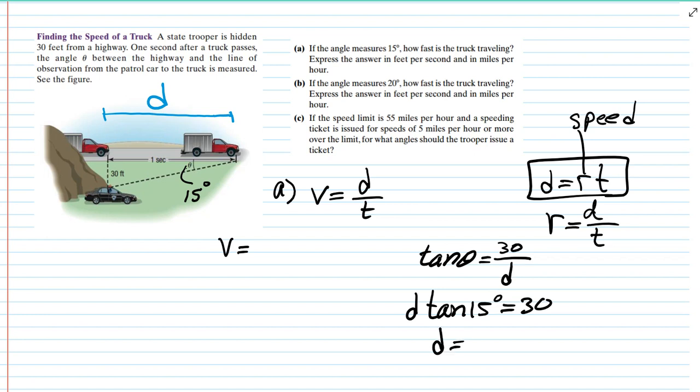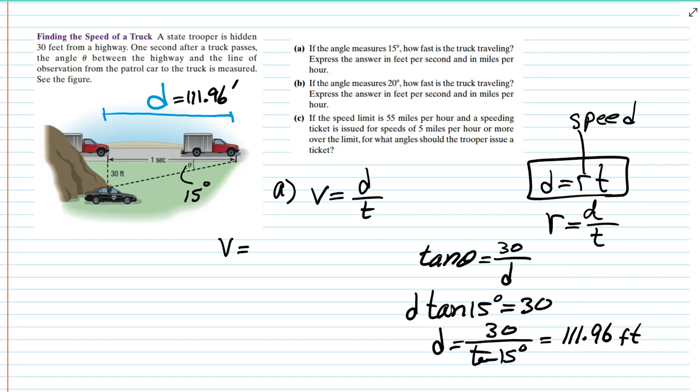So d is equal to 30 divided by tan 15. Notice how the angle actually helped us find the measure of the distance. And for this one, using your calculator, you get 111.96 feet. So we now have a tangible measure of a distance.